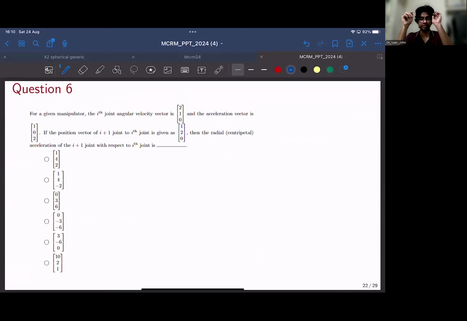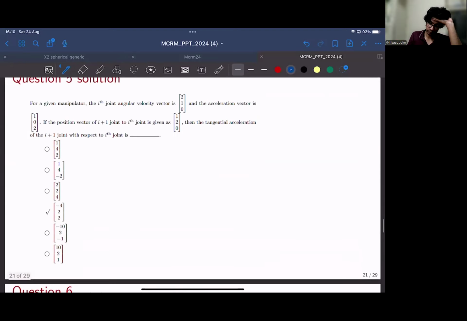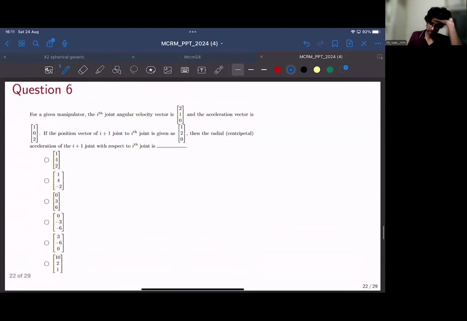Moving on to question 6. I think we used the same numericals for the previous question. In this case, it is asking you the centripetal acceleration. Same thing: omega i is again given as 210, alpha i is given as 102, iP(i+1) is given as 120.